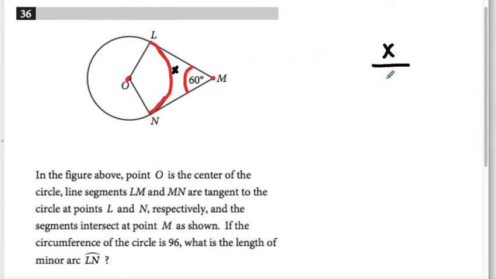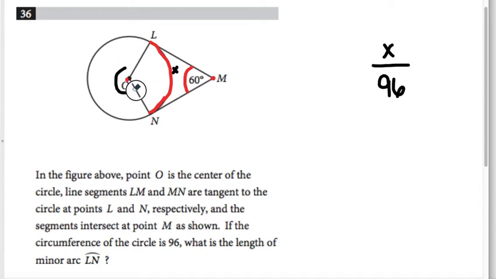It's a ratio of the whole circumference. This is a part to whole relationship, and it has something to do with this angle right here. This angle is called the central angle. That central angle is a ratio of the entire angle of a circle. So if we can find that angle, we can see what relationship it has to the whole circle.